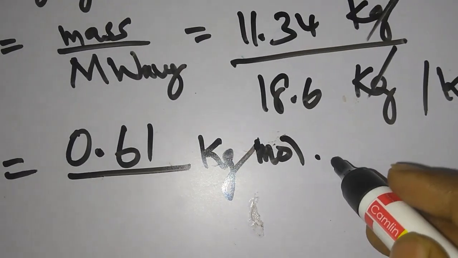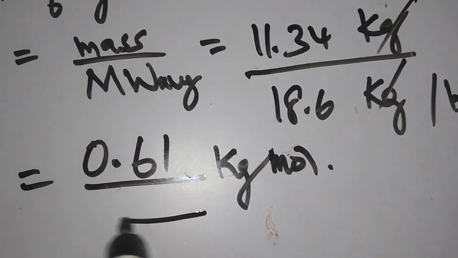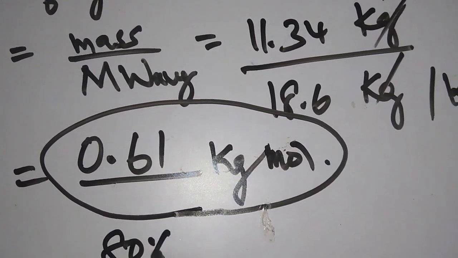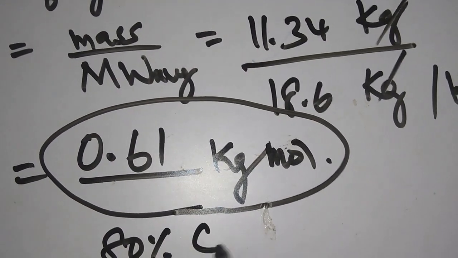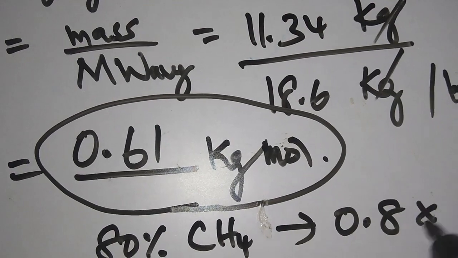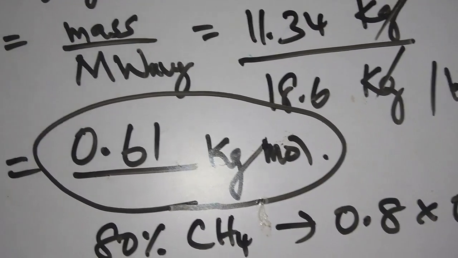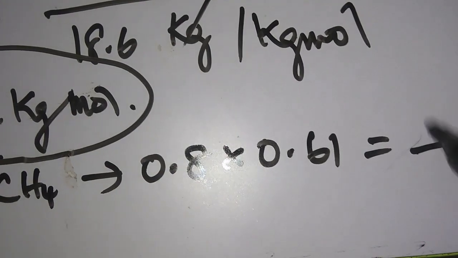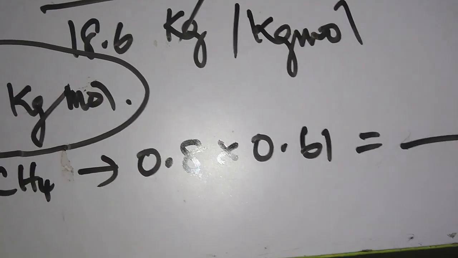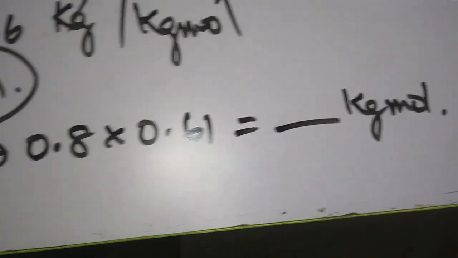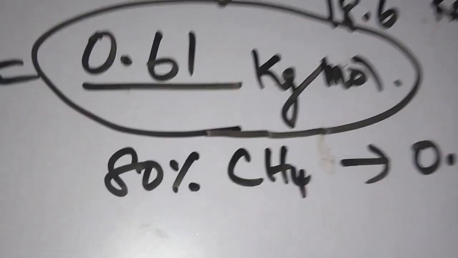So out of this 0.61 kg moles, we have 80% methane. That is 0.8 into 0.61, determine the value. This is the kg moles of methane.